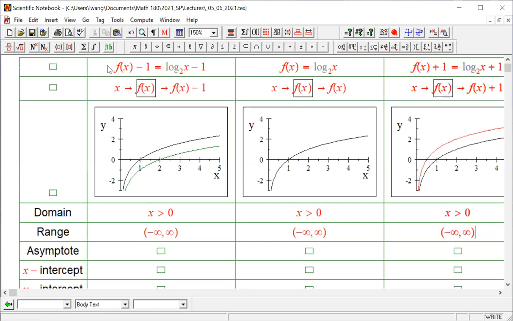Perfect. Okay, asymptotes. What is an asymptote? We understand that this function, log base 2 of x, never touches the y-axis, right? And the vertical asymptote is this y-axis.